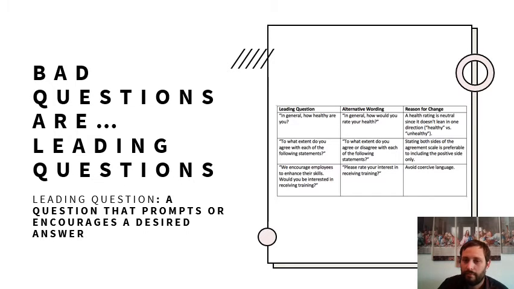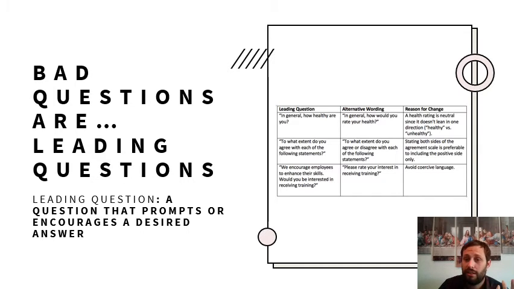Another example of a leading question is, to what extent do you agree with each of the following statements? There's a problem with that because someone can also disagree with that exact statement. So we need to include all aspects of the question so that a reader doesn't have this assumption in their head that they're meant to agree with it.